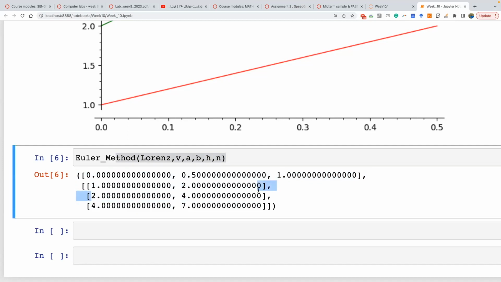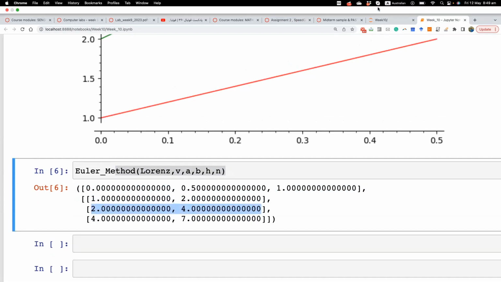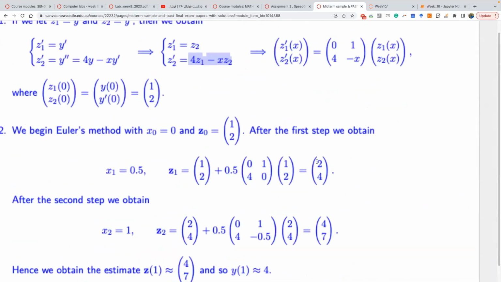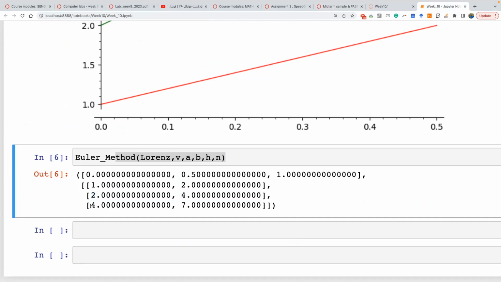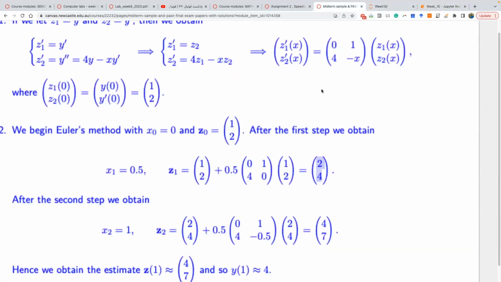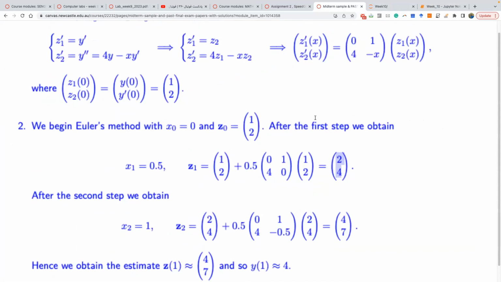This guy is z1, z2, 2, 4, same as this guy. Here, 2, 4, and 4, 7. So the marking solution is not wrong. Okay, we confirm that it's okay.